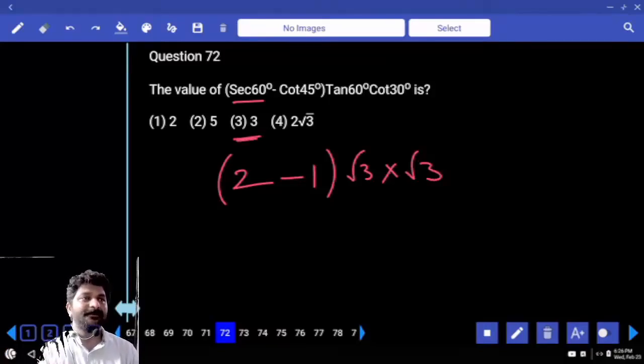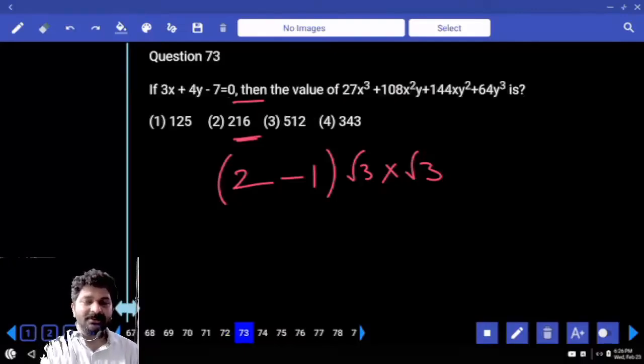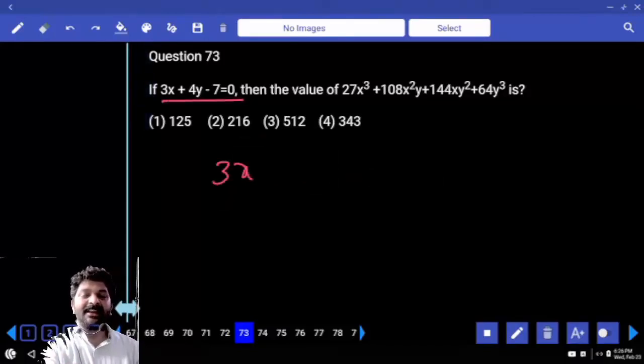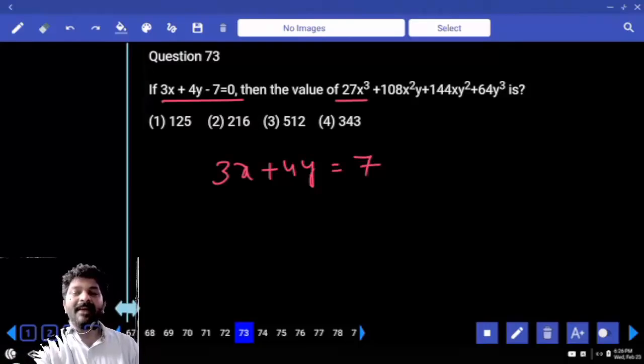Third option. Substitution, nothing in it, it is enough if you remember the values. So this equation we can write as 3x plus 4y whole cube.